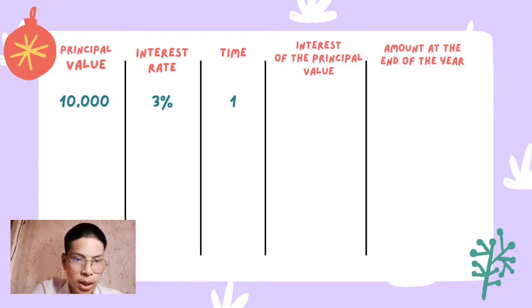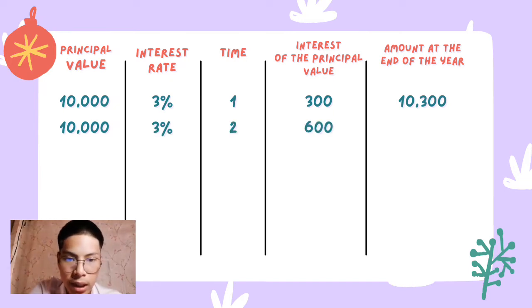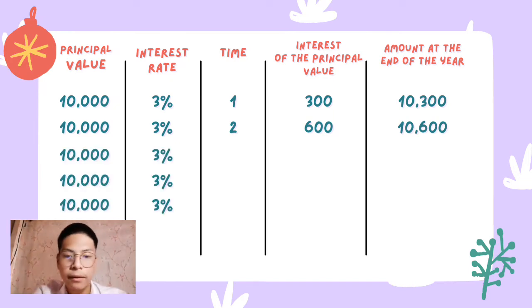We used to solve this by using a table. The 3% of 10k in 1 year is 300, so Ian has 10,300. The 3% of 10k in 2 years is 600, so Ian has 10,600.